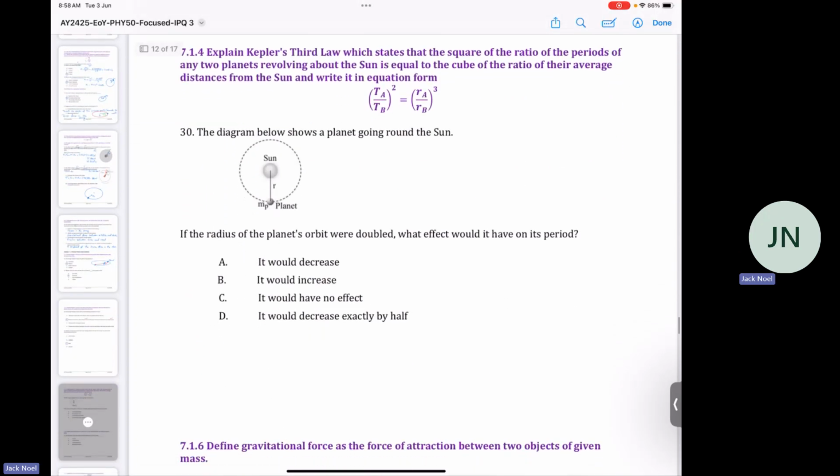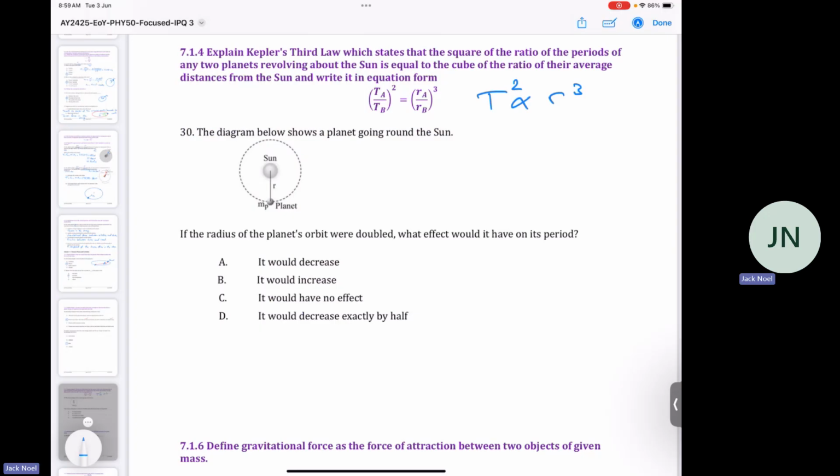Now, Kepler's third law. In Kepler's third law, we can see clearly here that the square of the period of revolution of a planet around the sun is proportional to the cube of the radius. So if the radius of the planet's orbit were doubled, what effect would it have on its period?